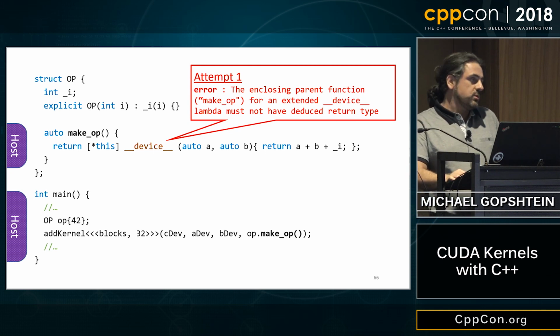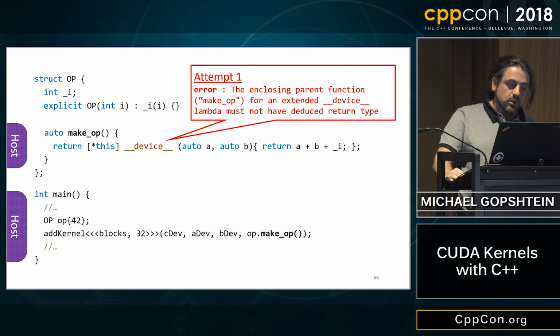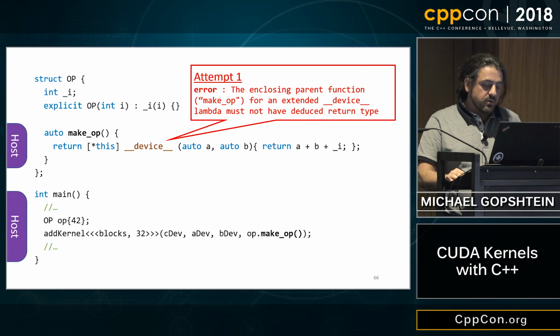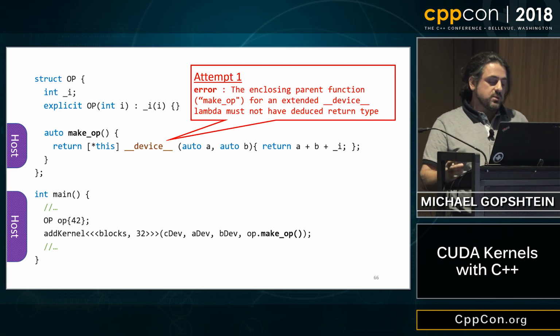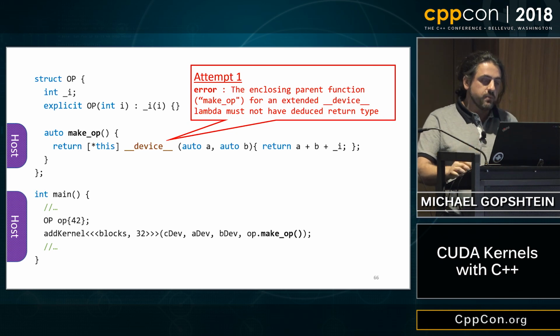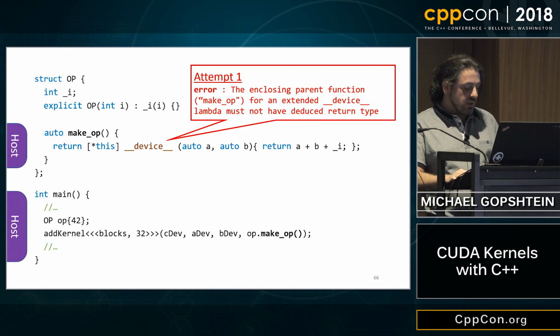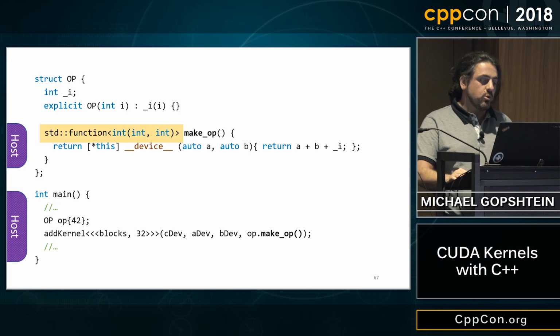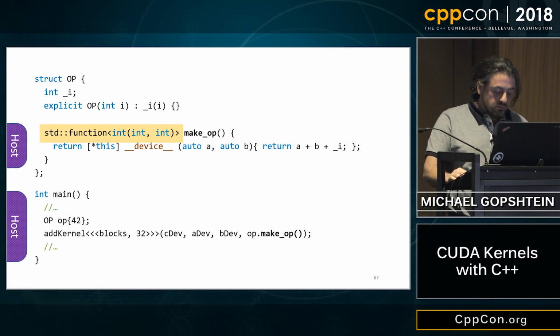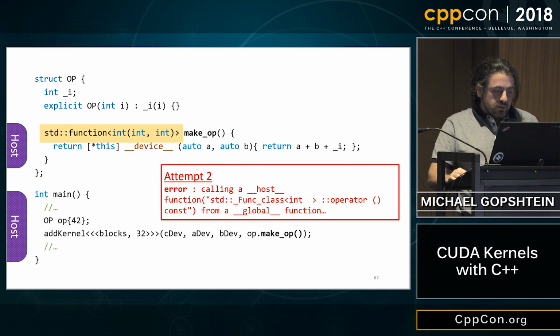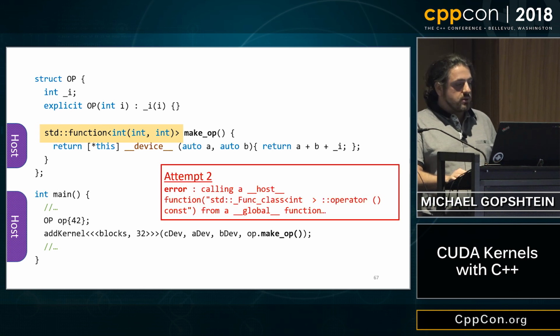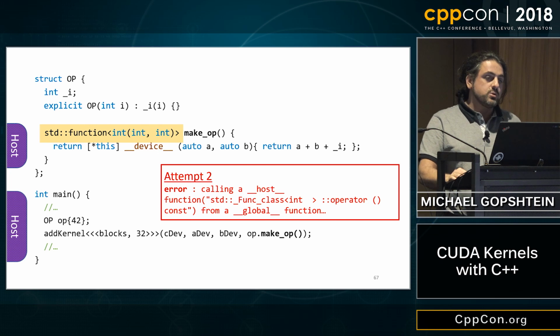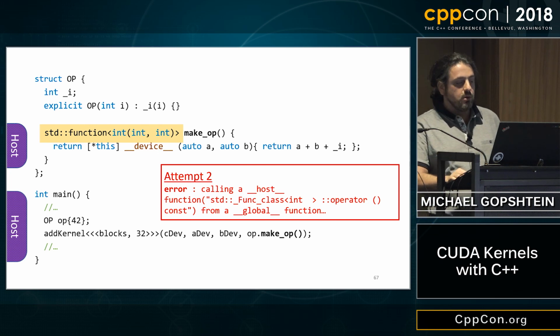For regular CPU code, it works fine. But with CUDA, we need to do some tricks to make it work. Okay, so next attempt is instead of returning auto from make op, we want to return some specific type. So we can try to return a std function which takes two ints and returns an int. And that it also fails because we can't use std function in the kernel code.